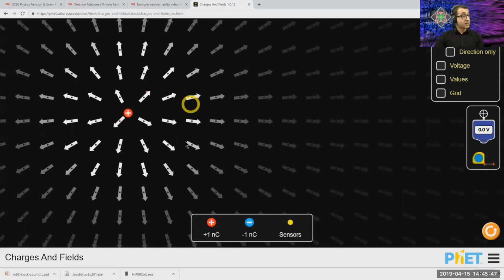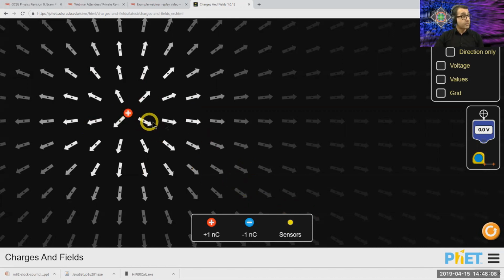So in this case, the field lines represent the strength of a force exerted on a positive charge. So if we imagine this sensor over here is a positively charged object, wherever I place this object in this field around this object which is causing the field, it will experience a force which will repel it away from this positive charge.